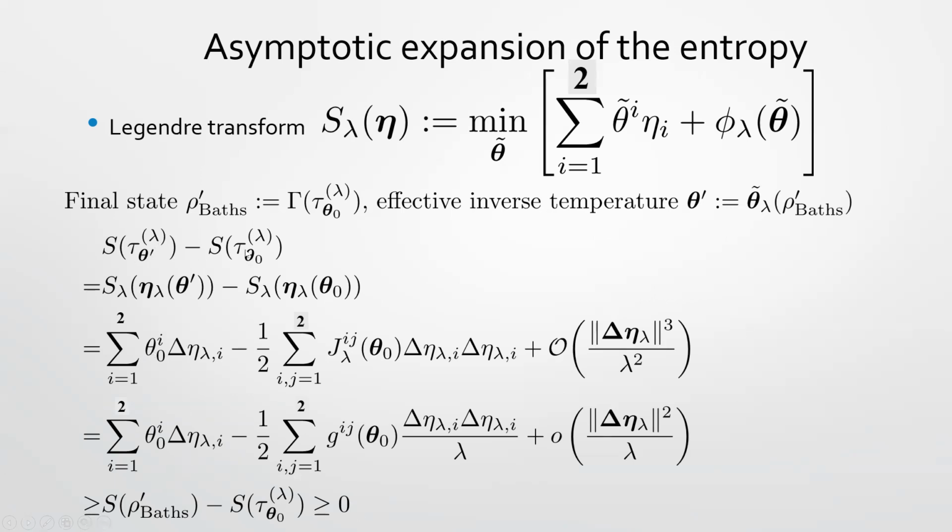But now we need to emphasize that the theta dash is, I forget this one. This is the final state. But usually the final state is not equal to the thermal state. So then, depending on that final state, we can choose the temperature such that the expectation is the same as this one.